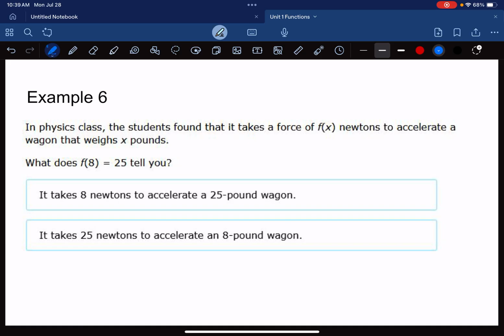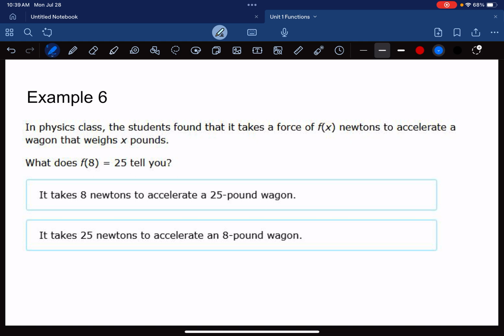So in physics class, the students found that it takes a force of F of X newtons to accelerate a wagon that weighs X pounds. Well, what does F of 8 equals 25 tell you? It takes 8 newtons to accelerate a 25-pound wagon, or it takes 25 newtons to accelerate an 8-pound wagon.